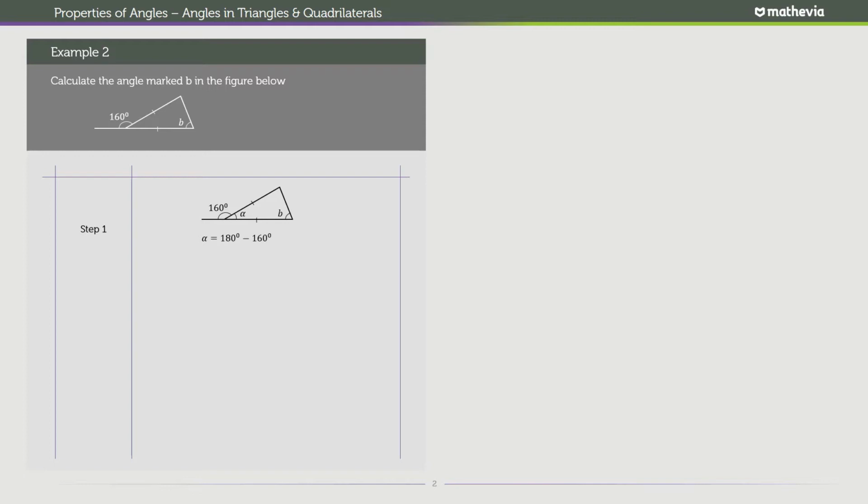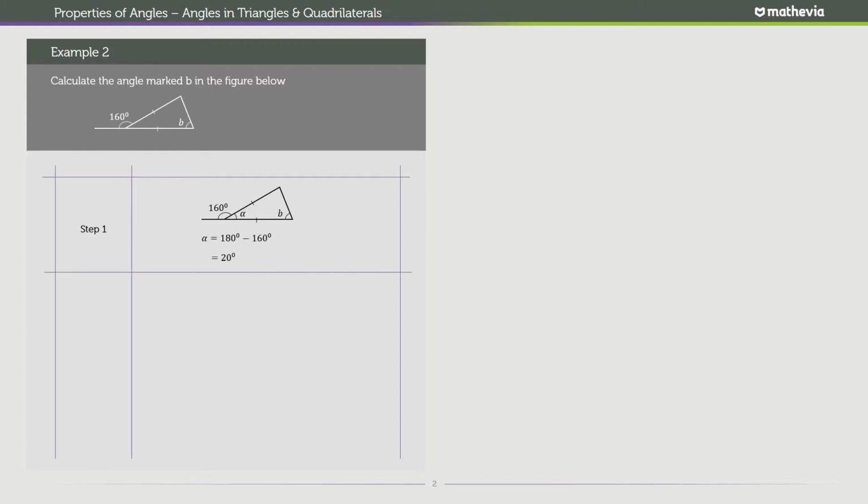Can you see that? Alpha and 160 degrees, adjacent angles on a straight line. And for that reason, the sum of alpha and 160 degrees should be 180. Basically, alpha is 180 minus 160 degrees, which tells us that alpha in this case is 20 degrees.